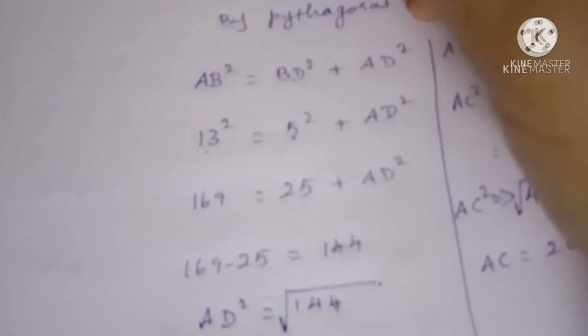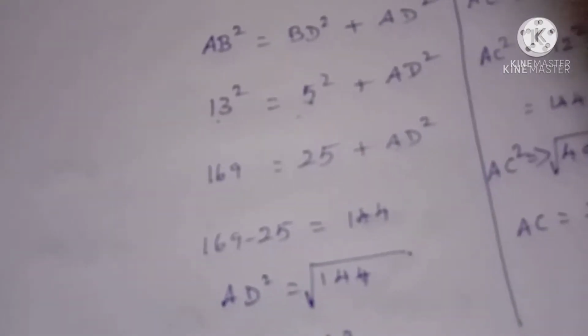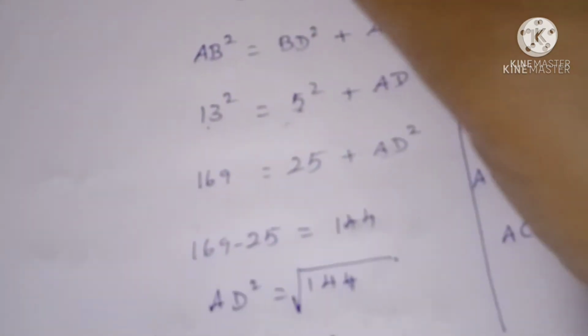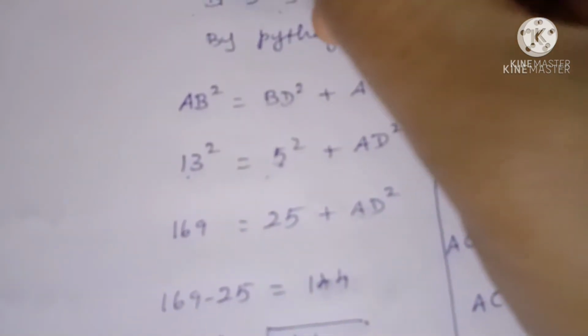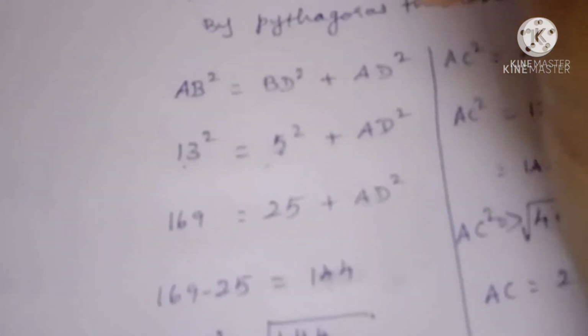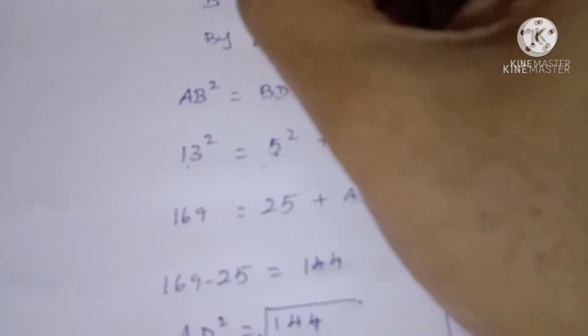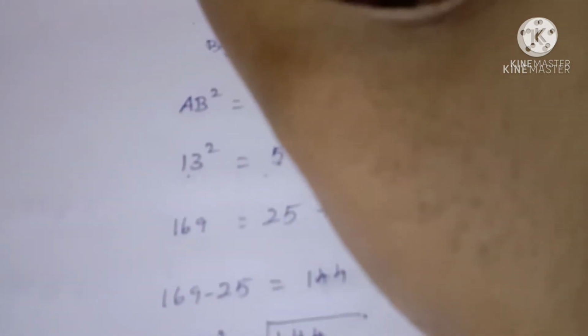Now we'll find out sin B. If you take the triangle, they ask you to find sin B. Therefore, if you take the triangle ABD, opposite to 90 degree is the hypotenuse.